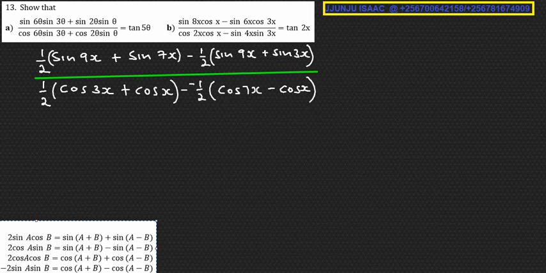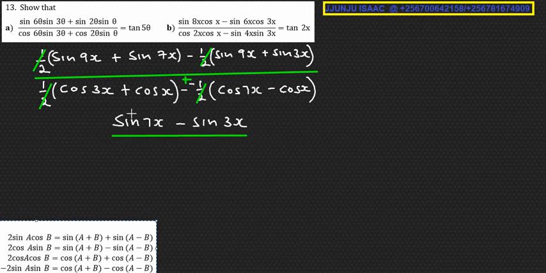So this half is going to cancel, half, half, half. Remember here we have a minus, minus, so we have a plus here. Alright, so let us see. Things must be cancelling somewhere. Sine 9x minus sine 9x, that disappears. So we just have sine 7x minus sine 3x, then over down here.